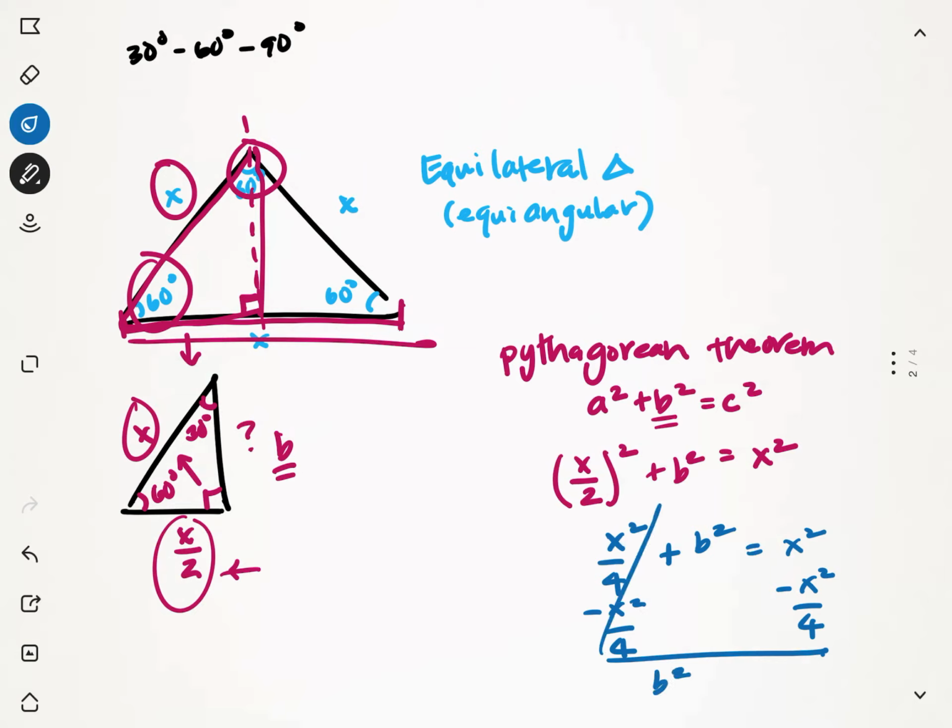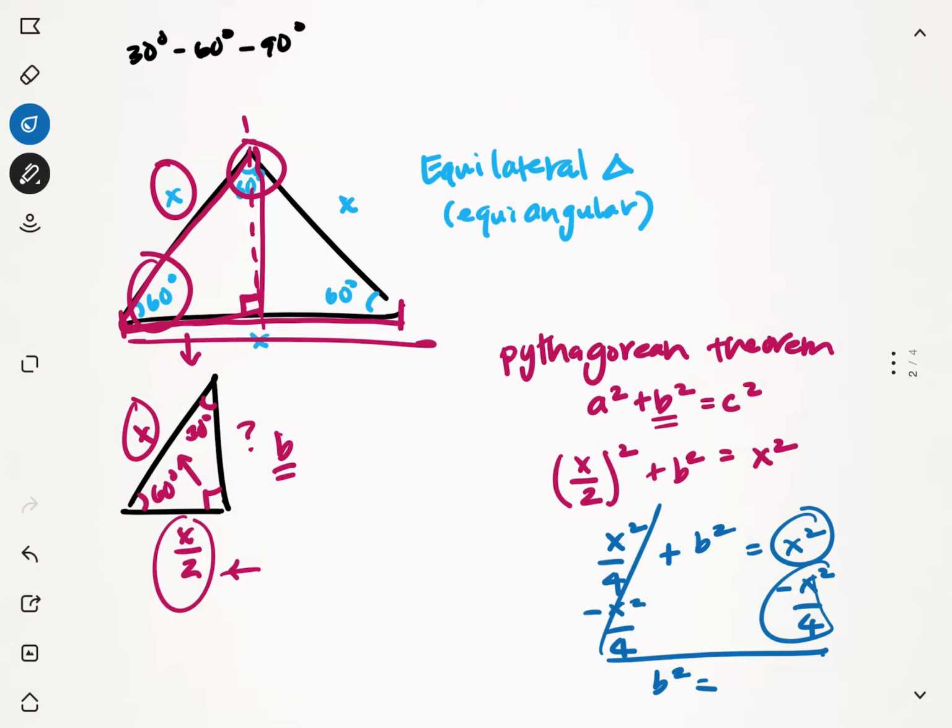And what we get here is b squared is equal to, now keep up with me here, this x squared is not a fraction, but the x squared over 4 is a fraction. So let me write this someplace else, sorry, we're running out of space.